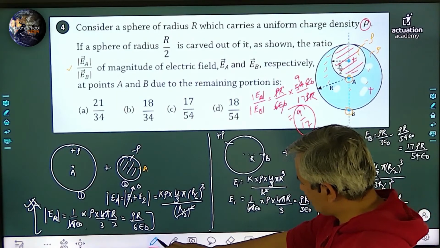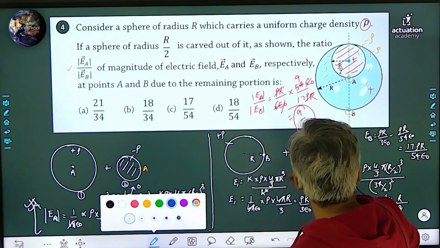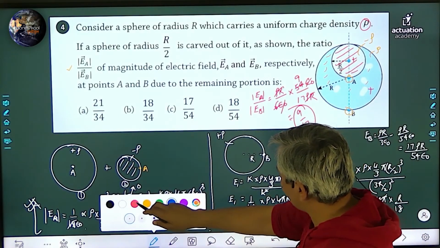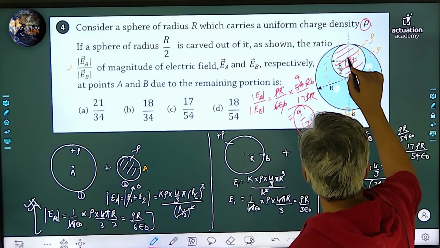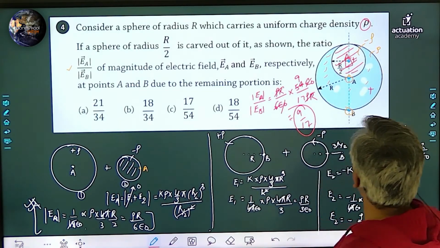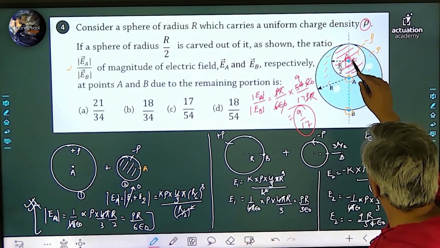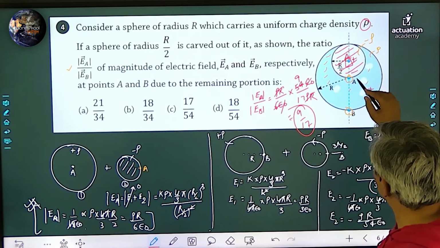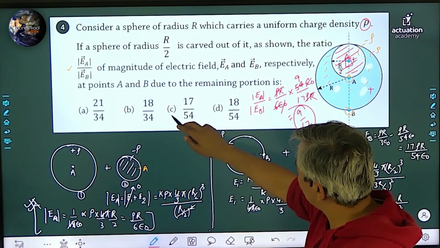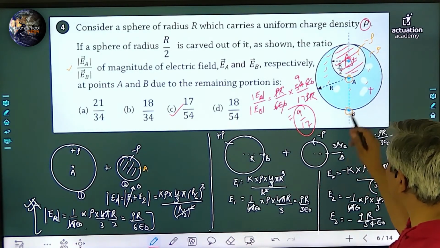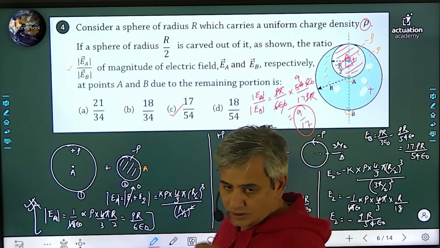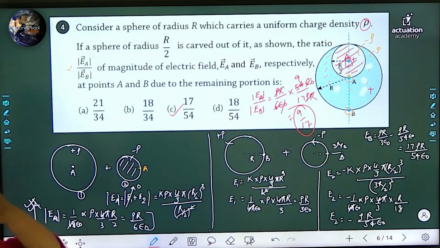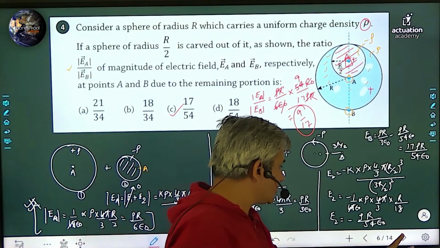But in JEE Main, sorry guys, this A was at this point. This was A. Okay. So if we use A as the center of this small sphere, then the answer is 17/54. Otherwise, as per this given situation, the answer is 9/17. That's perfectly fine. I have rechecked the calculation. The calculations are perfectly right.